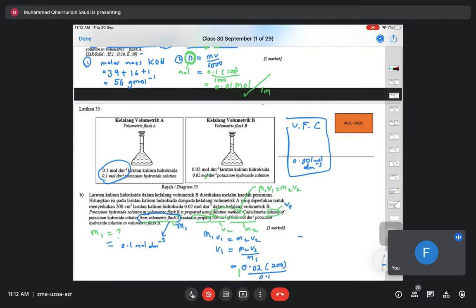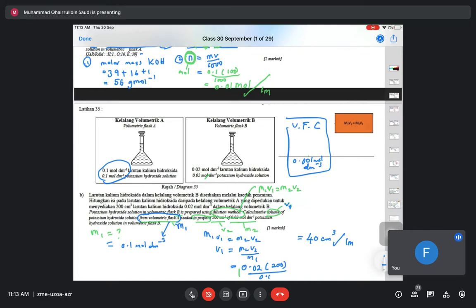So our answer is 40 centimeter cube. 1 mark. Okay.